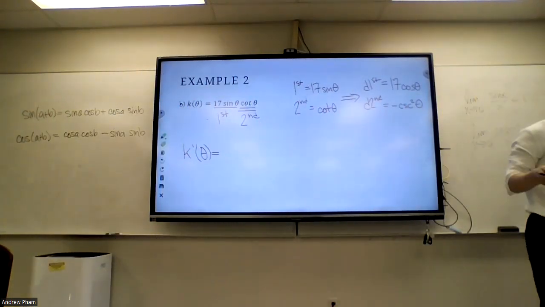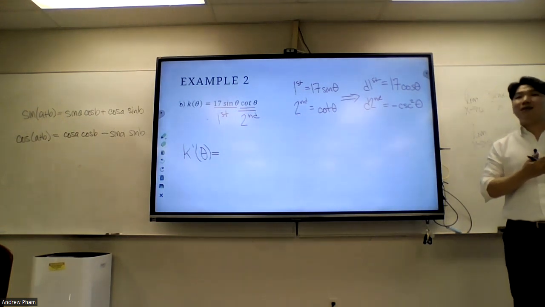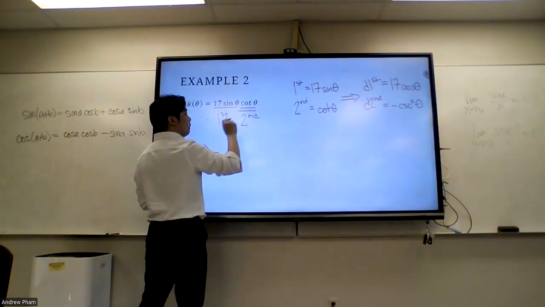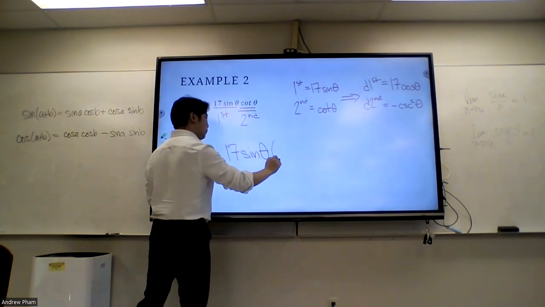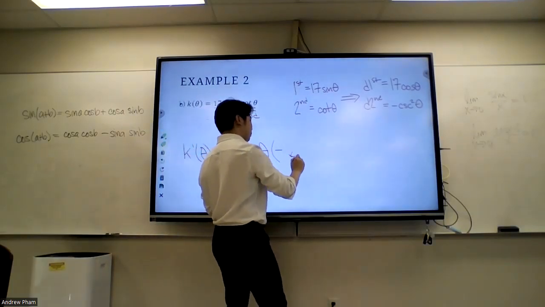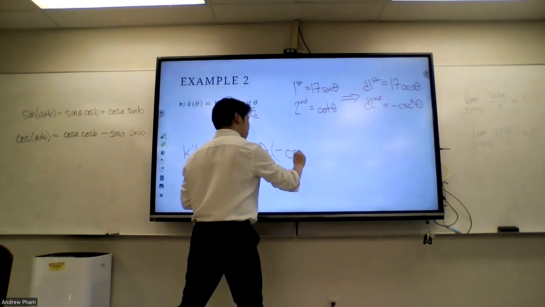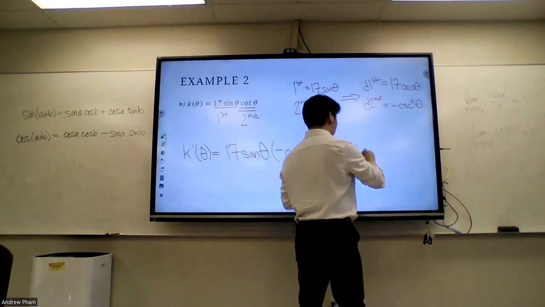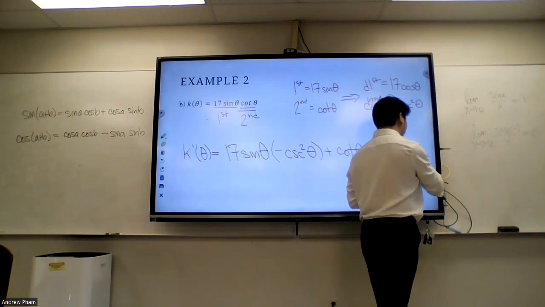All right, so I did this because I know I'm using product rule. And I know that product rule is first d second plus second d first. So derivative of this product is the first, d second, which is negative cosecant squared of theta, plus the second times the derivative of the first, 17 cosine of theta.